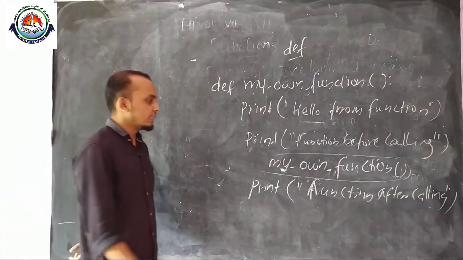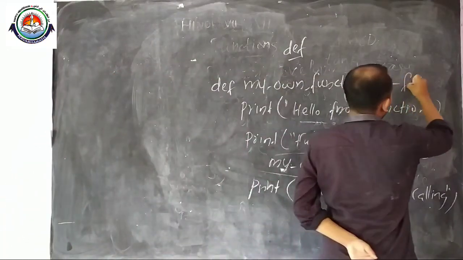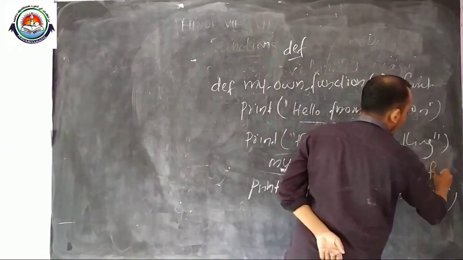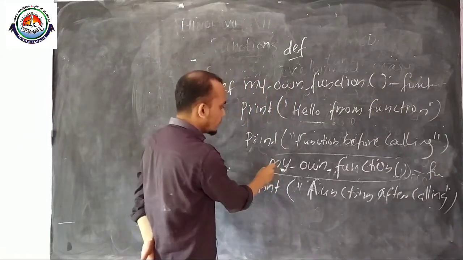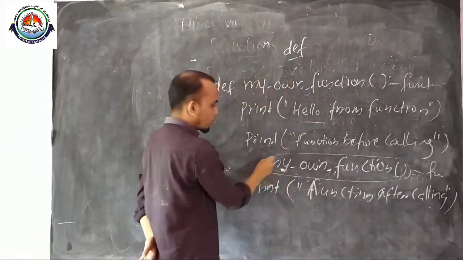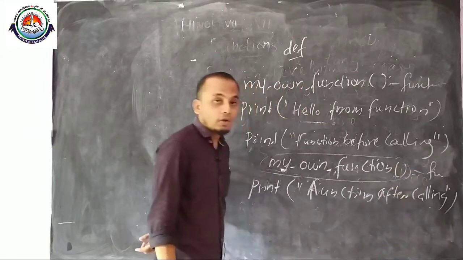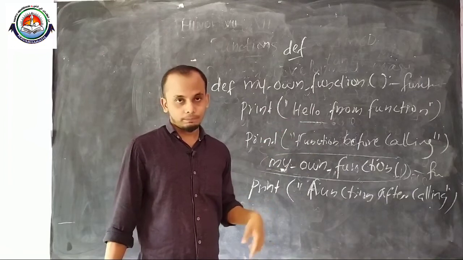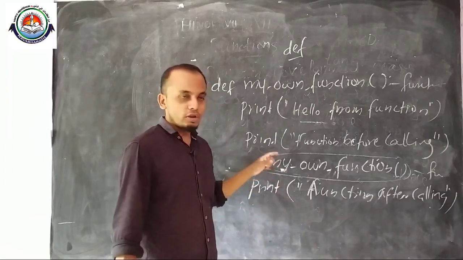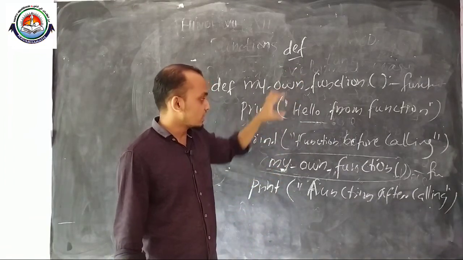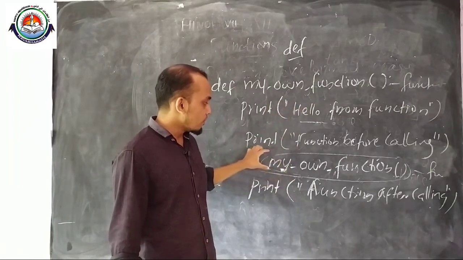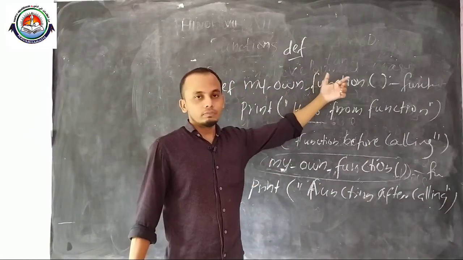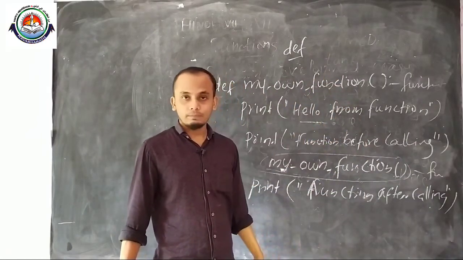Did you understand what I said? This is the function declaration. This is the function call. When we call this function name, my own function, what will happen? The statements inside will execute. Here one function is given with some statements. When we call this function name, the given statements will execute.